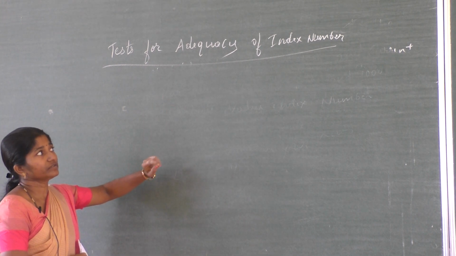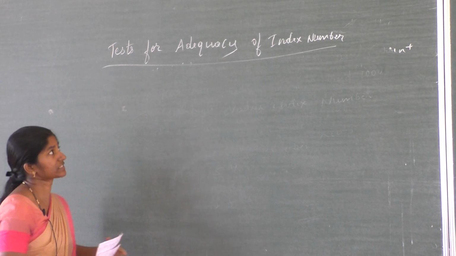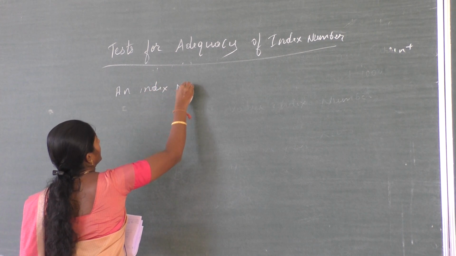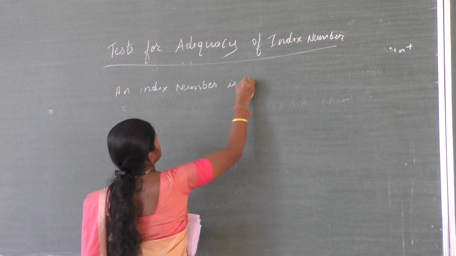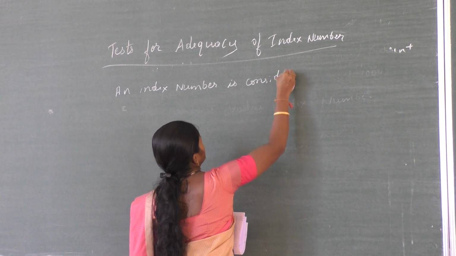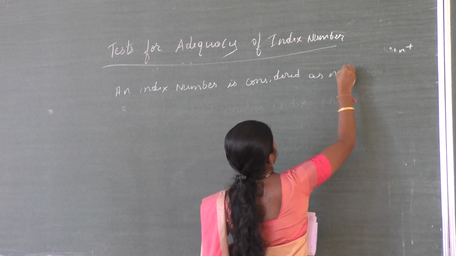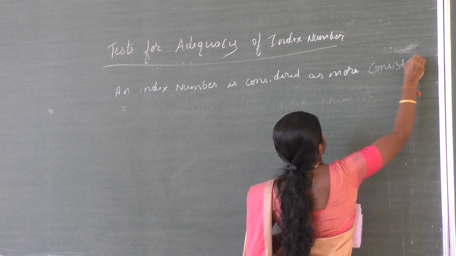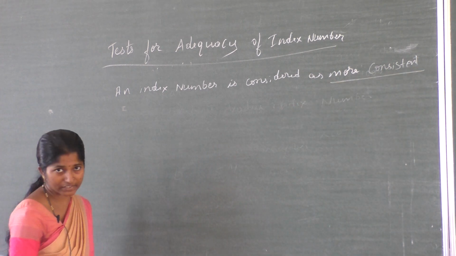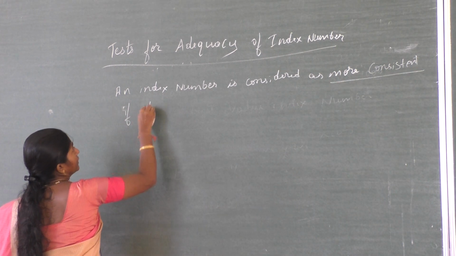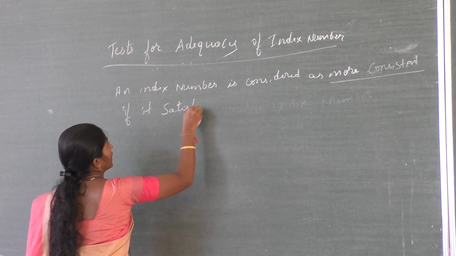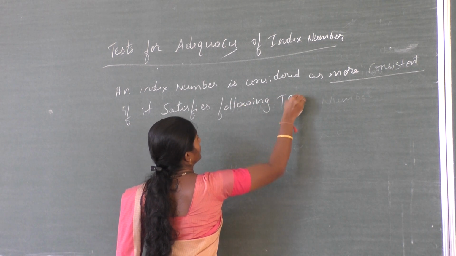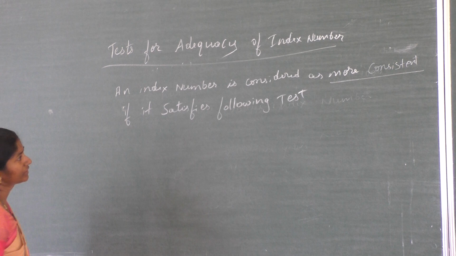In the index number, which one is the more consistent? That is, an index number is considered as more consistent if it satisfies the following tests.